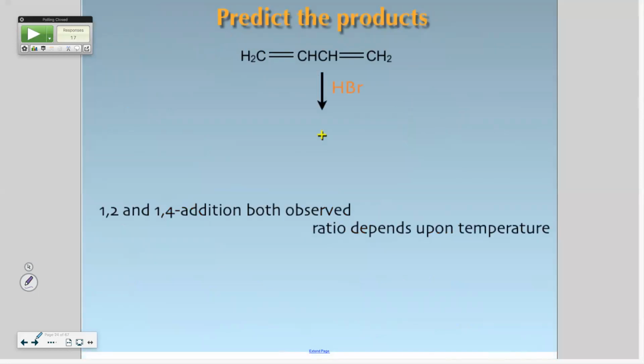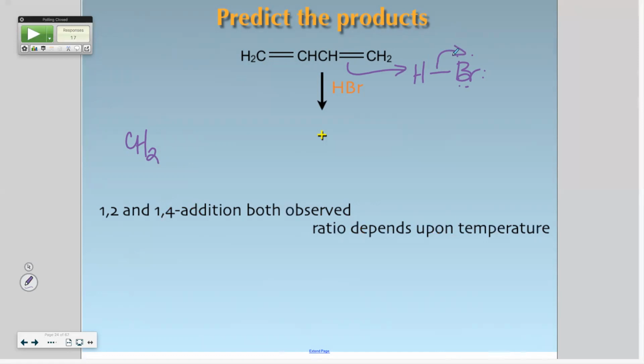All right, so here is one. We have a very simple diene system, and we're going to add HBr to it. Okay, so what do you think are the products? So what will happen first is we will protonate the diene system.